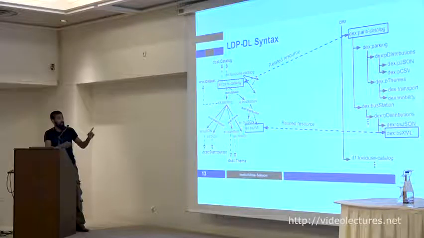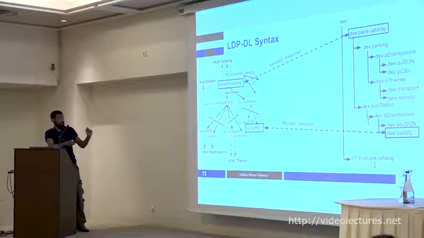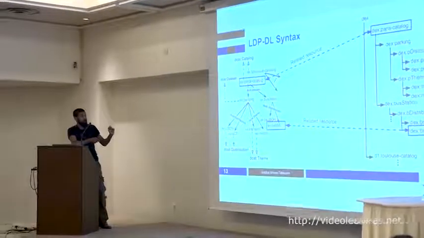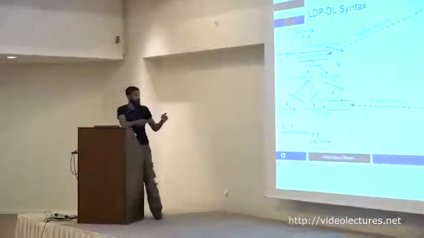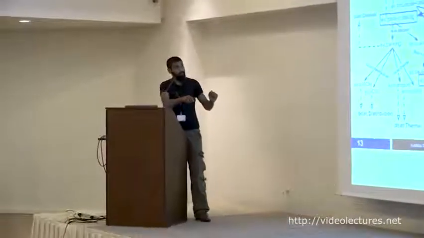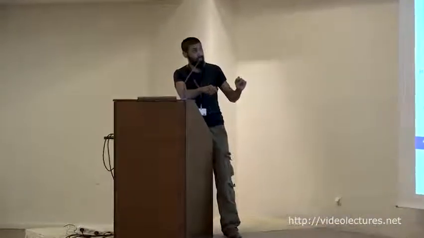The RDF resource for which an LDP resource has been generated is referred to as the related resource of that resource. So for example, the LDP resource DEX Paris catalog has X Paris catalog as its related resource. Similarly, there are resources here having related resources here, which they describe in their graph.